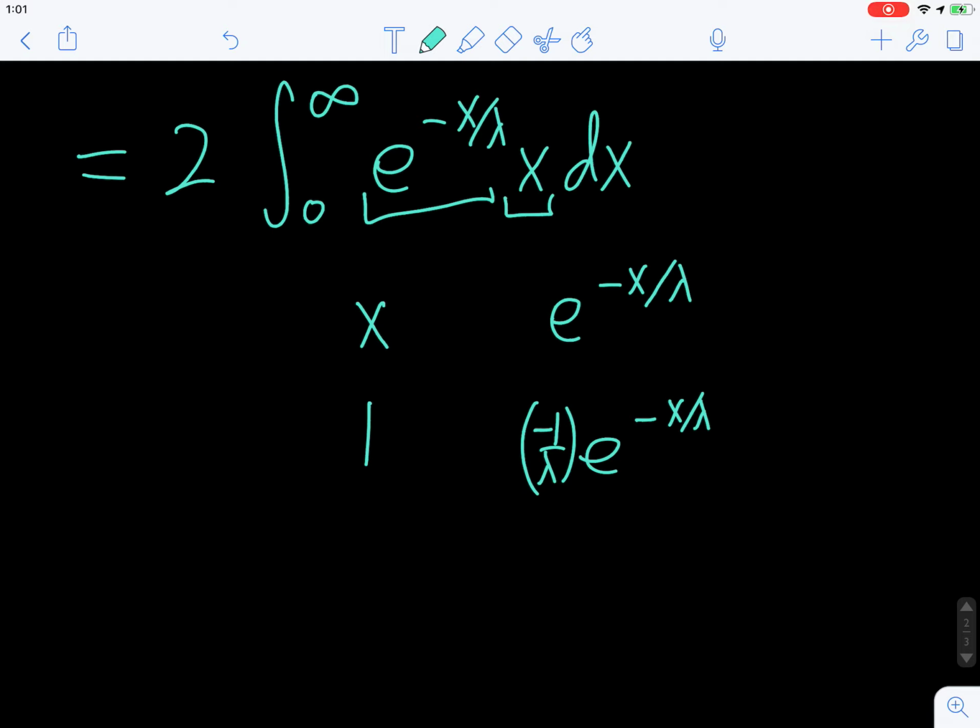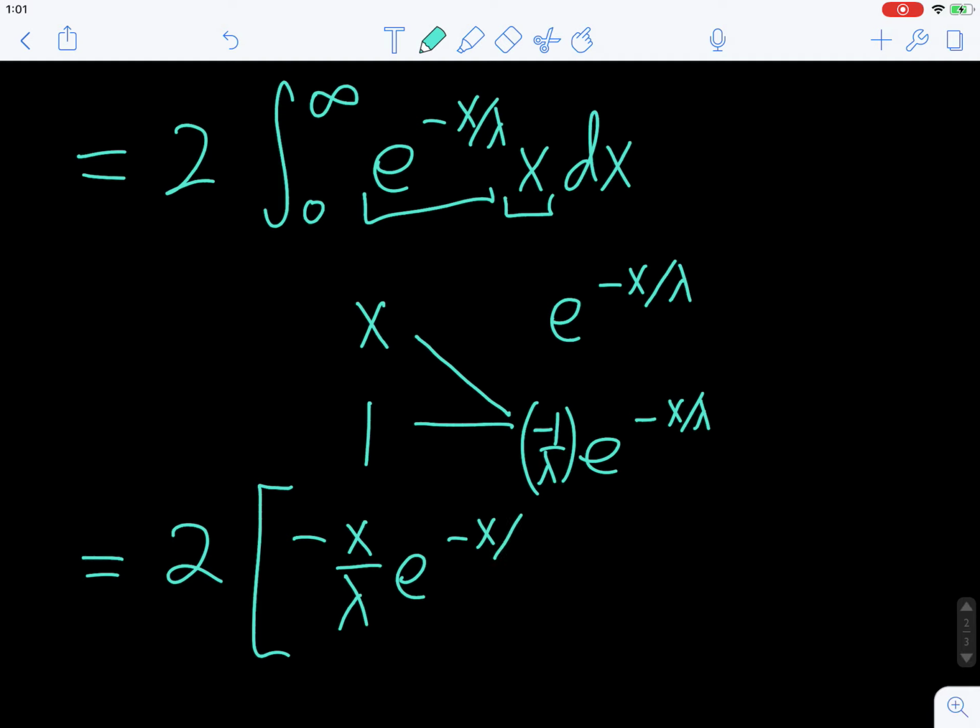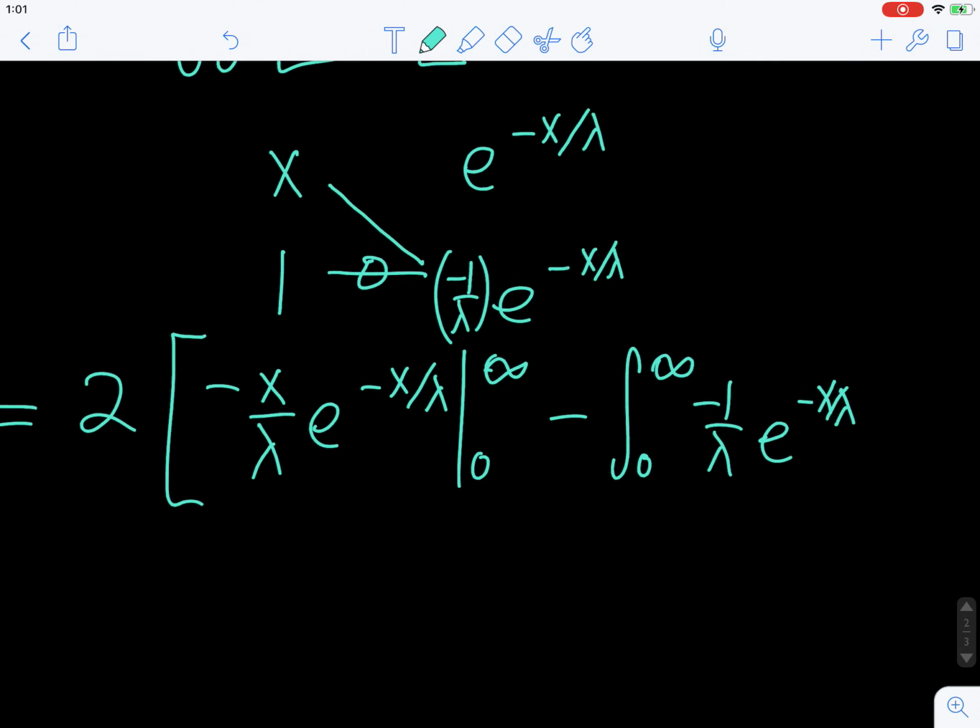And remember, we have to do this one minus the integral of that one. I'm hurrying because it's the same steps again. So we have 2, and then negative x over lambda, e to the negative x over lambda from 0 to infinity, minus the integral from 0 to infinity of negative 1 over lambda, e to the negative x over lambda, dx.